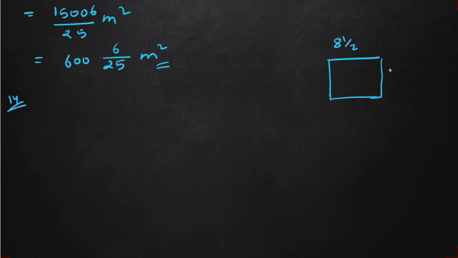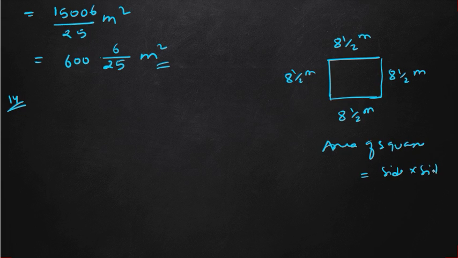As in a square all sides are equal, each measures 8 1/2 meter. You need to calculate the area. What is the area of a square? Area of square is equal to side into side. So you multiply the side and you will get the answer. Okay, so take 14 as homework.